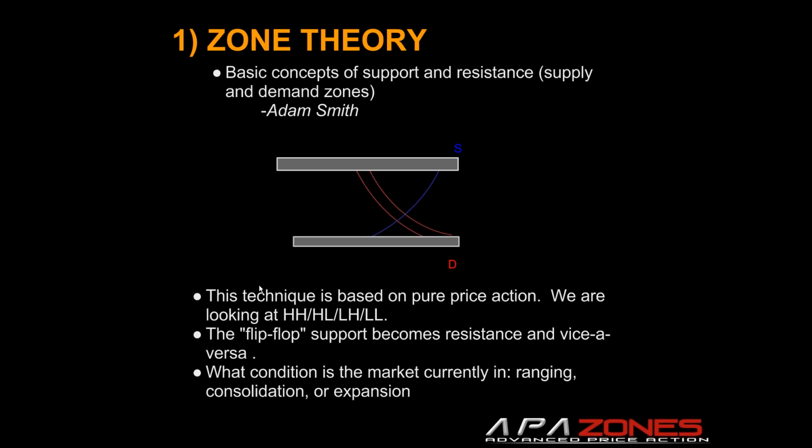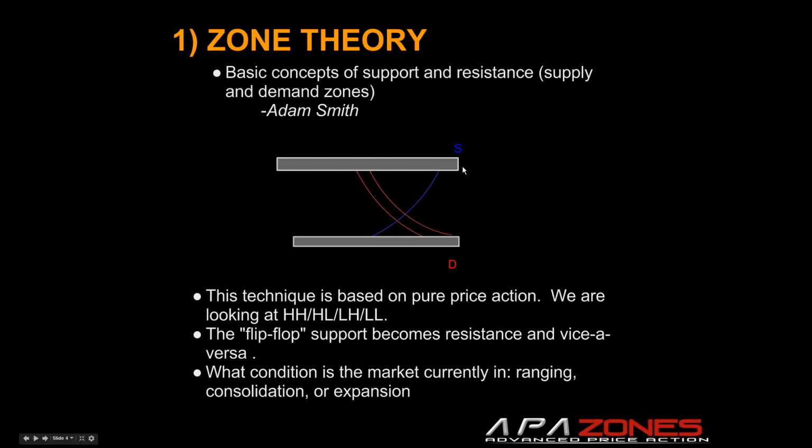Basic concepts of support and resistance, or zone theory, is that price will migrate between different levels within the market. There is a region of price where it is attractive to buyers, and so they place a demand on that product. As a result, price will go up, until it comes to a point where it's no longer attractive. Buyers vacate the market.